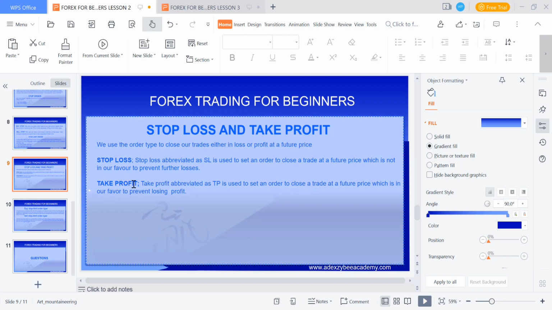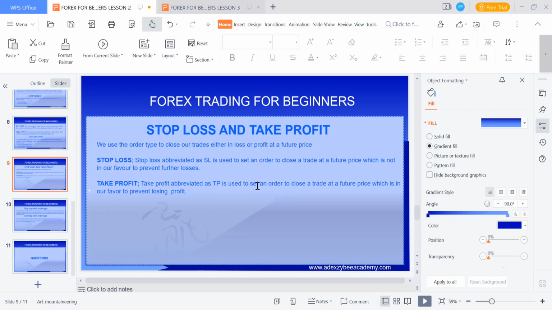On the other hand, take profit, abbreviated as TP, is used to set an order to close a trade at a future price which is in our favor, to prevent losing profit. So if we use TP, we are setting a price in the future such that once the price of this currency pair gets to this point, I'll be in profit, and I want to secure my profit so that I will not lose it.